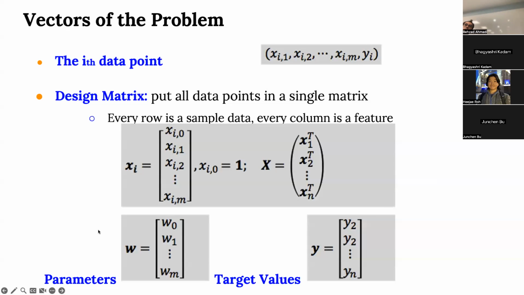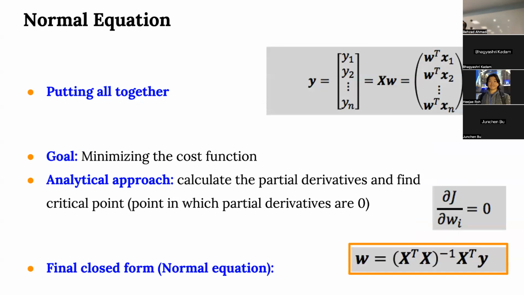Because for each sample point, you have xi0, xi1, xi2, xim. So you have m features and n data points. So you basically create this big X, which is a matrix.